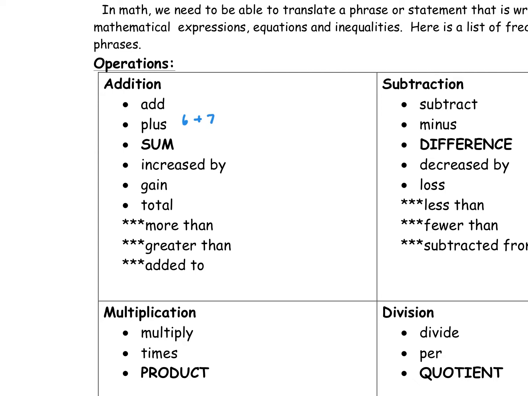But there are some words and phrases that don't follow that rule. One of the words we're going to work with is sum. That refers to addition, but they might say the sum of this number and that number.